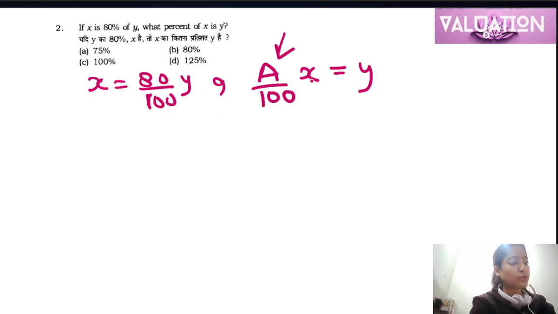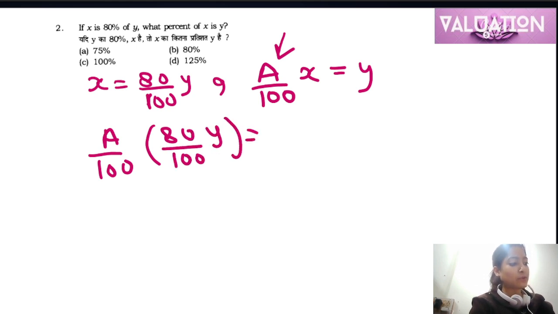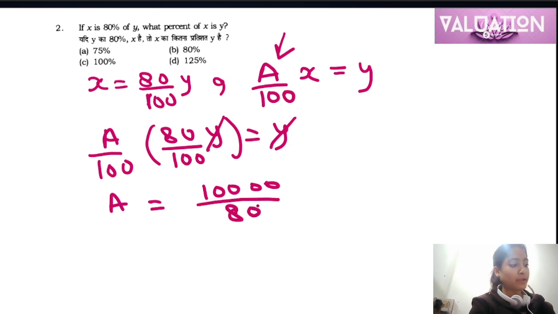Put this value in place of X: A times 80 divided by 100 Y is equal to Y. Y will cancel out, and we get A is equal to 100 divided by 80. This 0 will cancel out, and while solving we will get 125. So the correct answer is 125%.